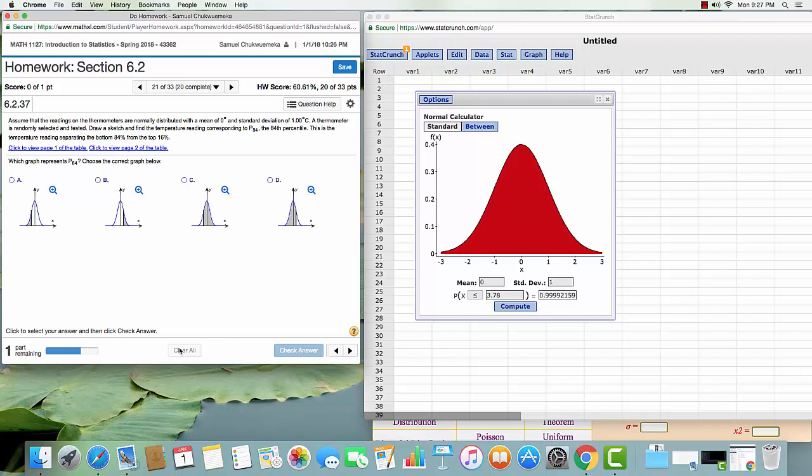So yeah, when we did quantiles, we discussed percentiles. So the 84th percentile is actually the reading that separates the lower 84% from the upper 16%.